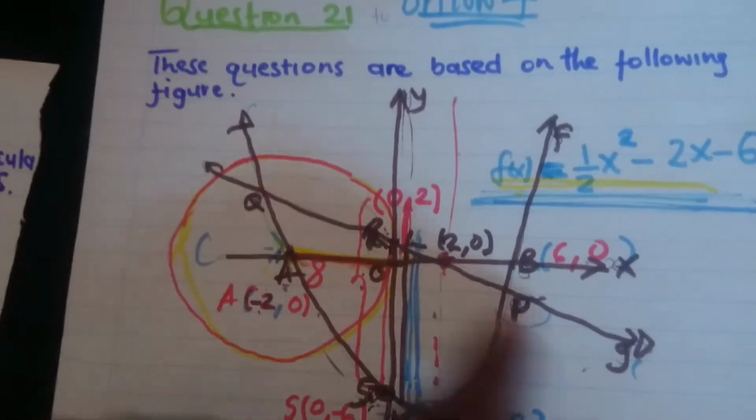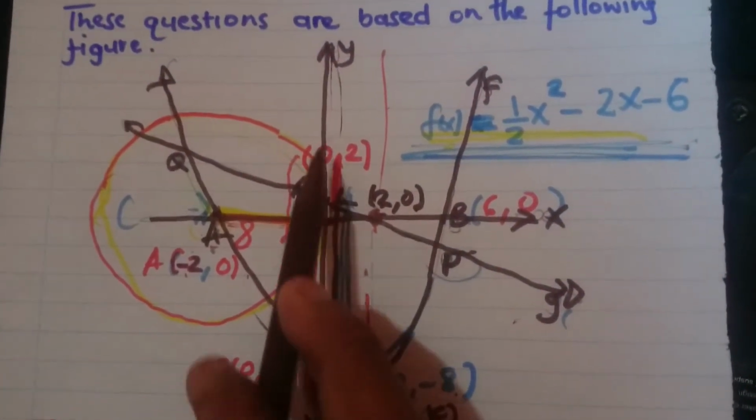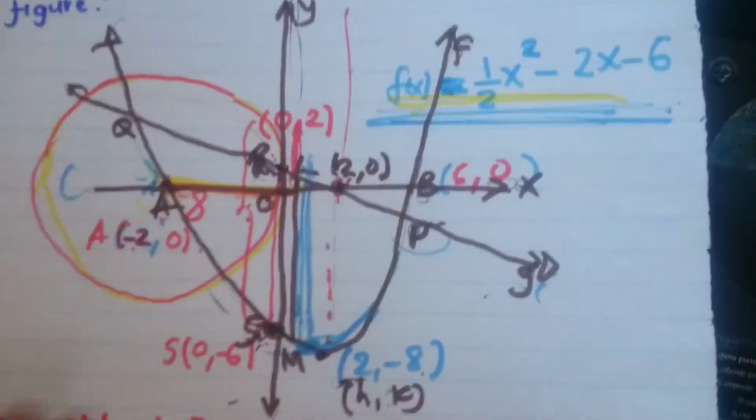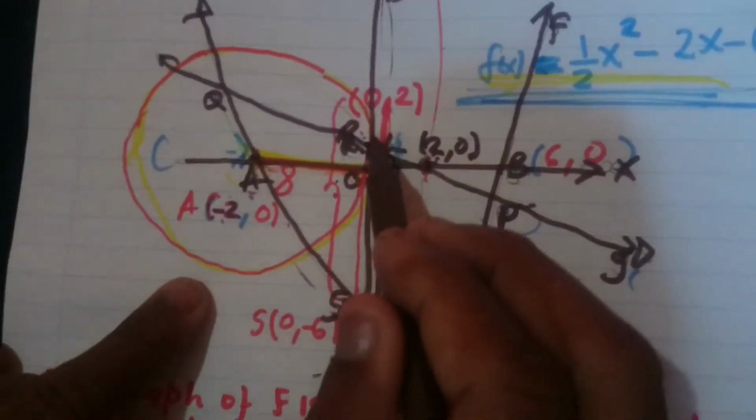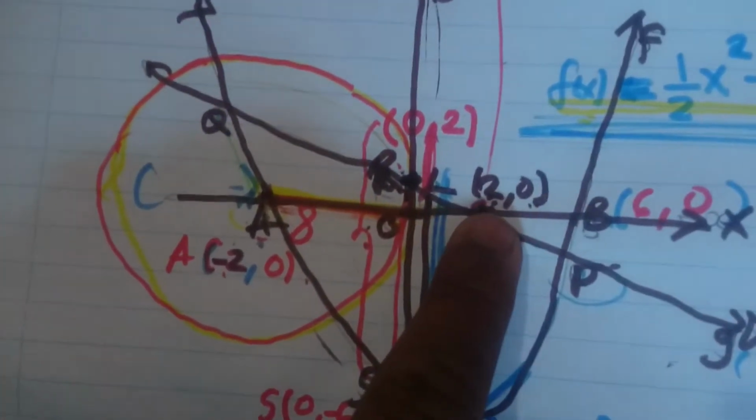So on the line of G, I have this coordinate here, which is 0 and 2, and the X-intercept is 2 and 0. So I have two coordinates, 0 and 2, which was given, and 2 and 0. That's the Y-intercept and X-intercept.